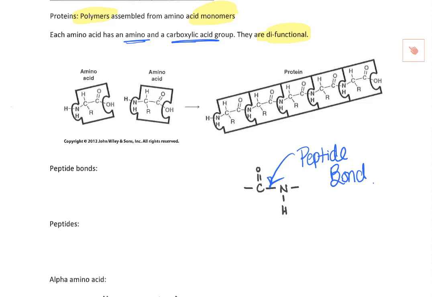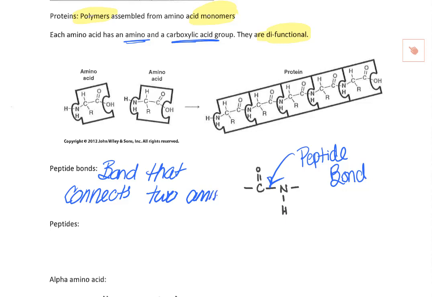It's essentially the bond that makes this structure an amide, right, between a carbon of a carbonyl and a nitrogen. So peptide bonds are a bond that connects two amino acids, right?